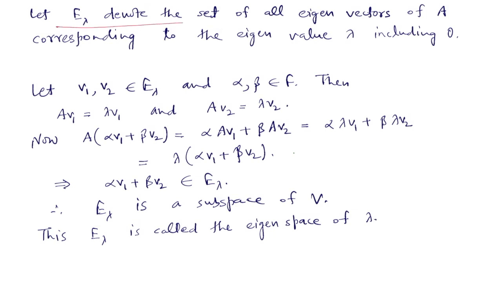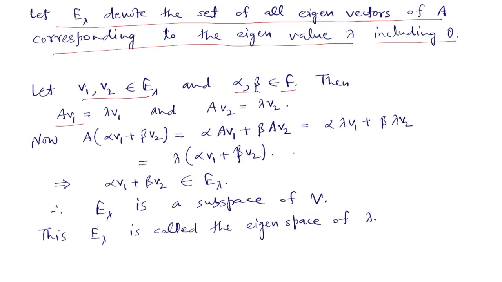Let E lambda denote the set of all eigenvectors of A corresponding to the eigenvalue lambda, including the 0 vector also. If v1, v2 belong to E lambda and alpha, beta belong to F, then we have A v1 equal to lambda v1 and A v2 equal to lambda v2 by definition of eigenvalues and vectors.